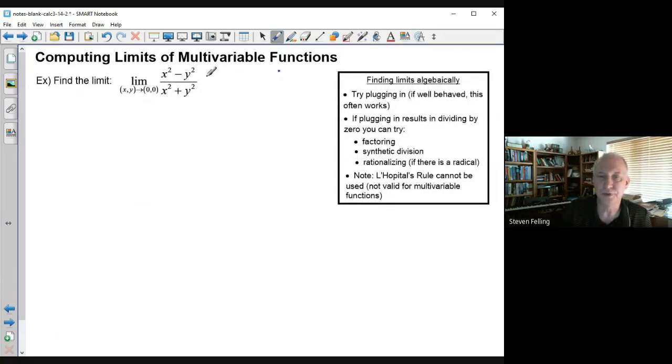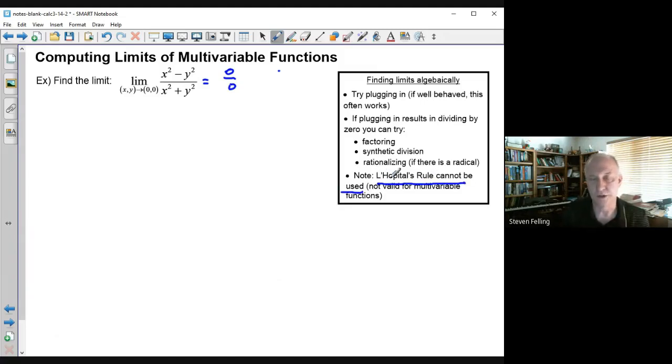So let's see, if I plug (0, 0) in, I would get 0 over 0, and so that's an undefined expression. If you happen to get that, you could try other things, like factoring, synthetic division, or rationalizing if there are radicals, and see if plugging in works. Note, L'Hopital's rule, unfortunately, cannot be used.